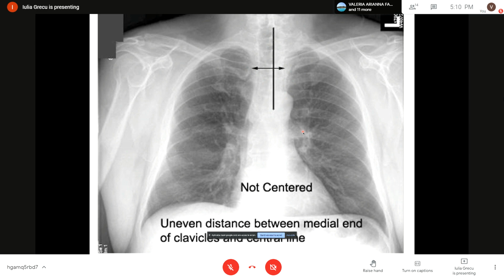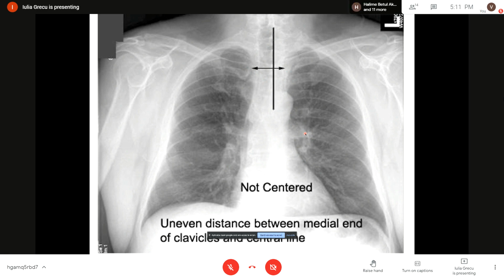Automatically, there will be a rotation of the heart and the vascular structures of the mediastinum, and we will falsely believe that there is something wrong with the patient, only because the shapes that we see on the X-ray will be deformed by the position of the patient.